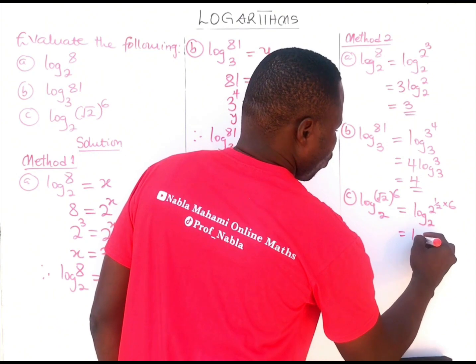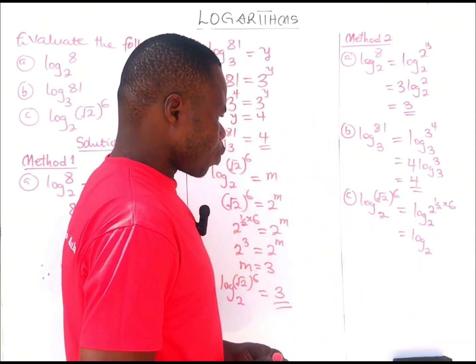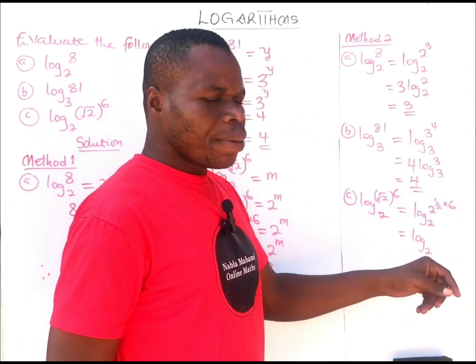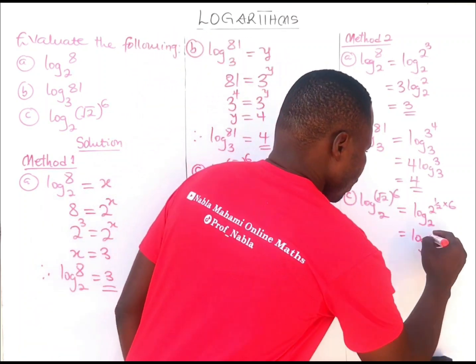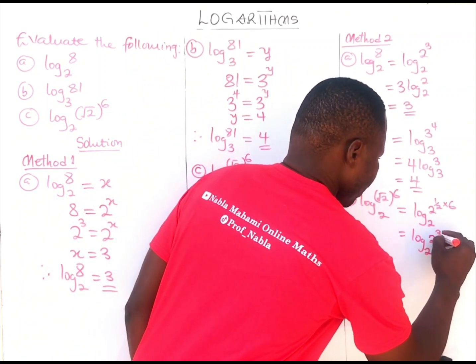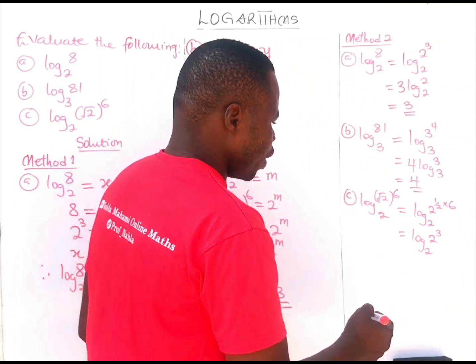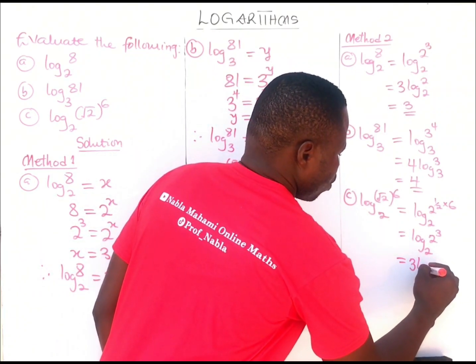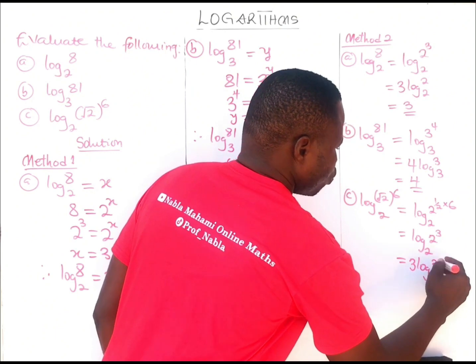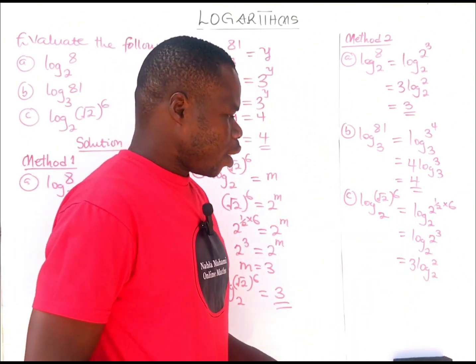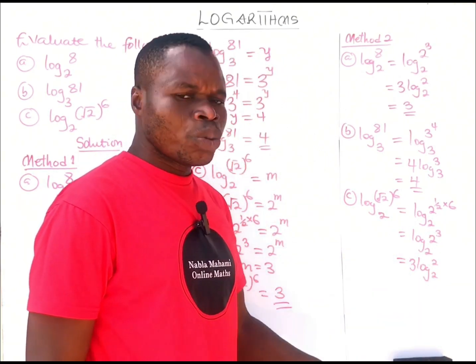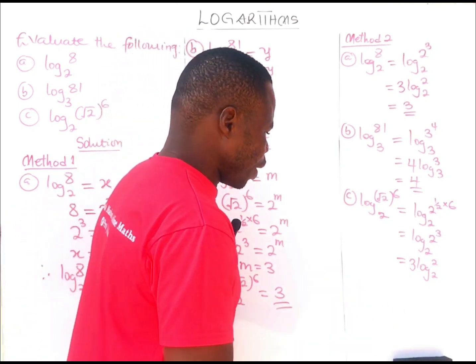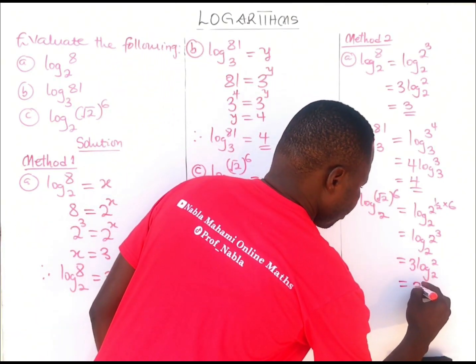And I will now have log base 2, half times 6 is 3. This means that 2 exponent 3 now. And from the third law of logarithms, this is the same thing as 3 log 2 base 2. The power will come and multiply everything. And log 2 base 2 is 1. And 1 times 3 is 3.